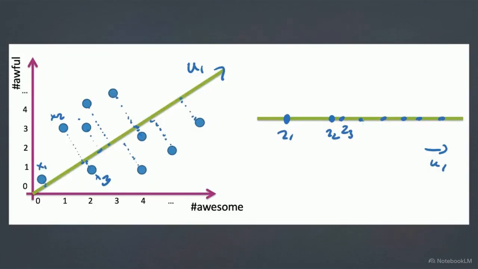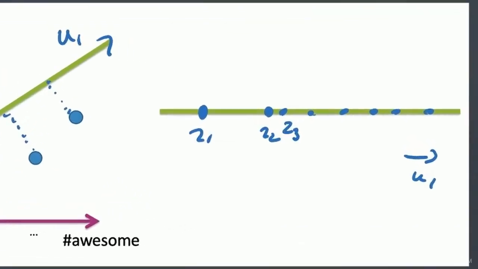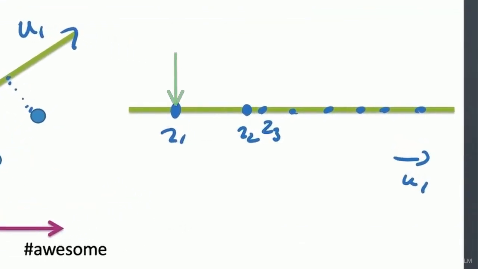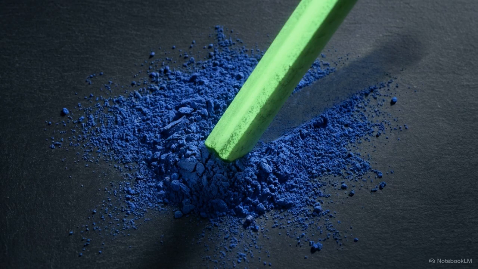This chart shows fitting a line to a 2D spread to minimize orthogonal reconstruction error, the dotted lines connecting points to the green line. By minimizing this error, we simultaneously maximize variance, the spread of points along that new axis. This specific optimal line has a name. It is the first principal component.